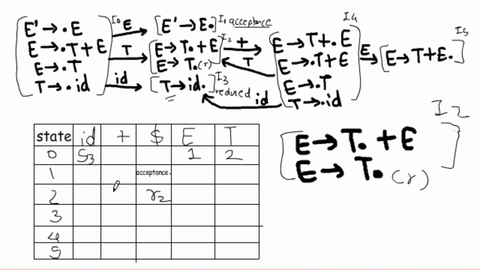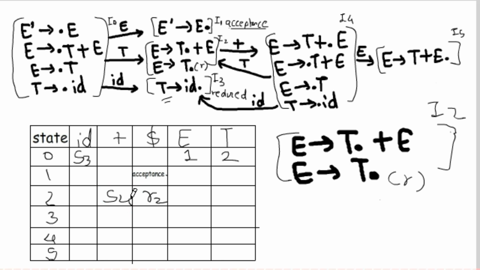But since plus is a terminal, you don't write only 4, you have to write S4. So it is S4 like this below the plus symbol. Now item number 2 is done. So item number 2 is finished. Now we will go to the next one, which is item number 3.